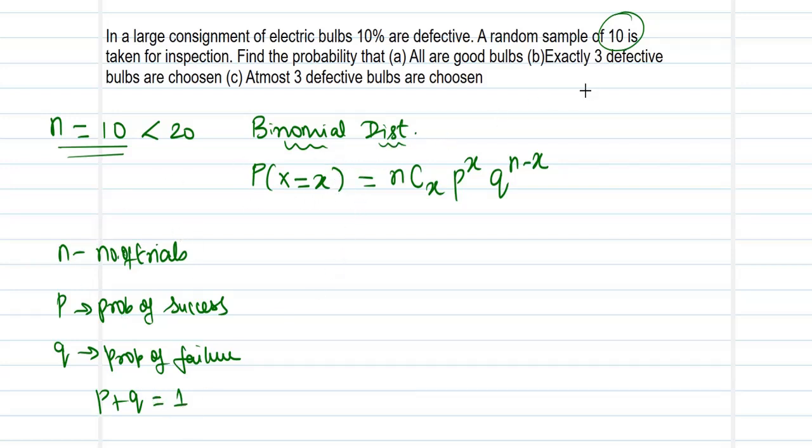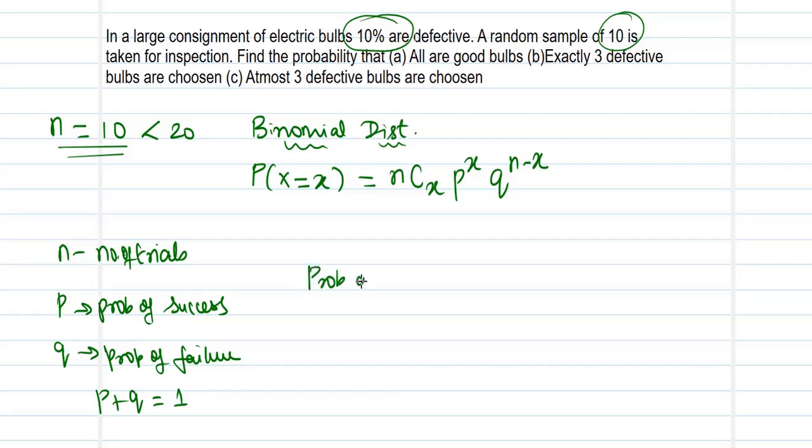So after considering this to be binomial and n to be equal to 10, we go on to search for the second data, which says that the consignment has 10% defective. Whenever we put ourselves in the position of an inspector, choosing a defective will be termed as a success, because we don't want the wrong items to go into the market and spoil our name.